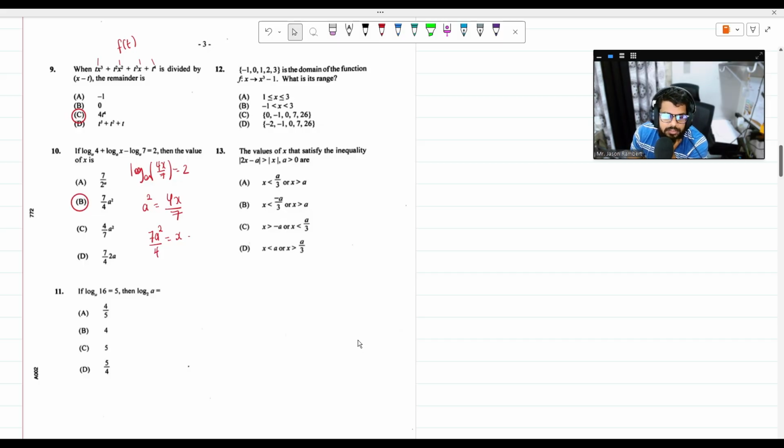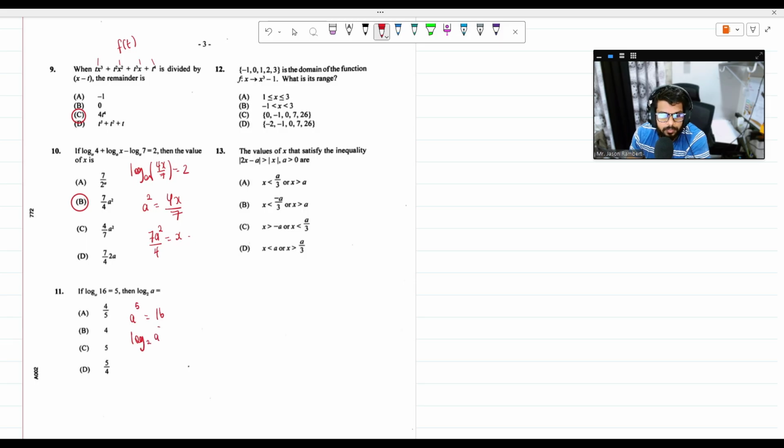If log 16 to base a is 5, find log a to base 2. Okay, so let me bring this to exponential form. I'll get a to the power 5 is equal to 16. Then take log to base 2 on both sides.